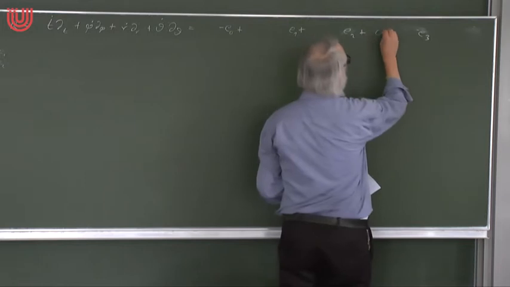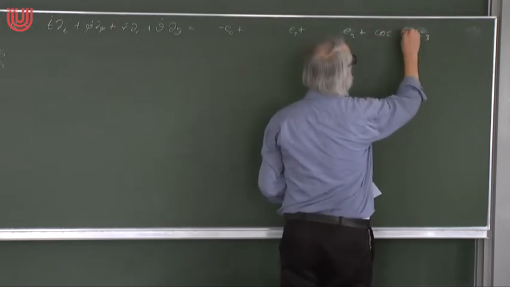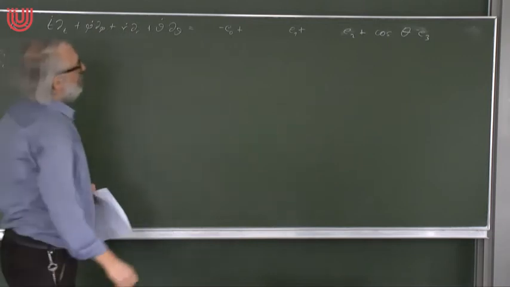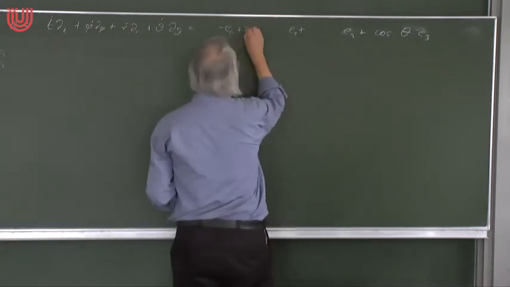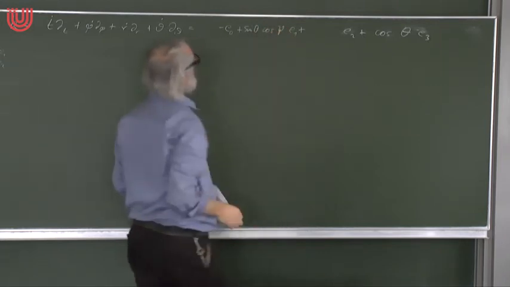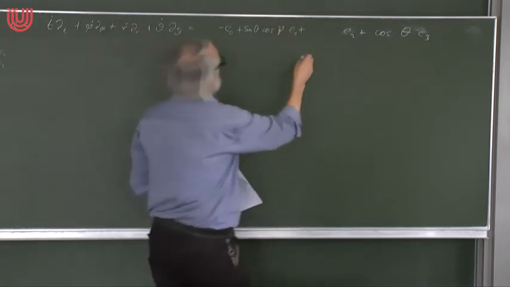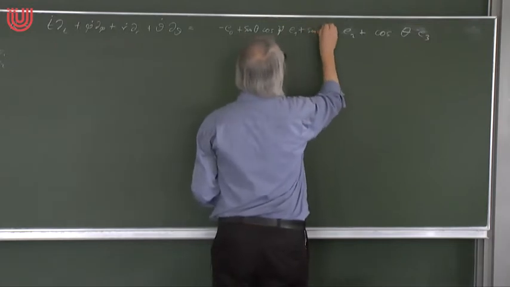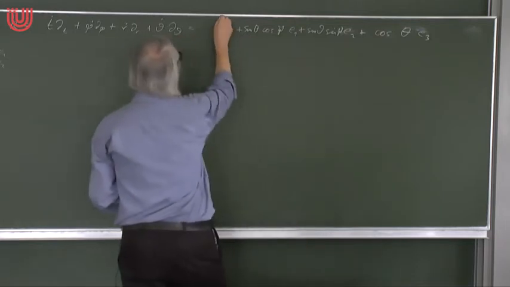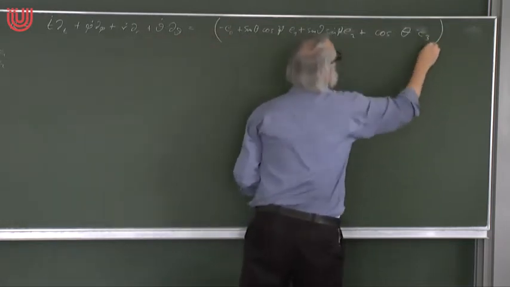So you have cosine of theta here. I use a capital theta to distinguish it from the theta on the base manifold. Then I have here sine theta cos psi. Psi is the azimuthal angle on the sphere. And I have here sine theta sine psi. Okay, so this gives me a light-like vector.